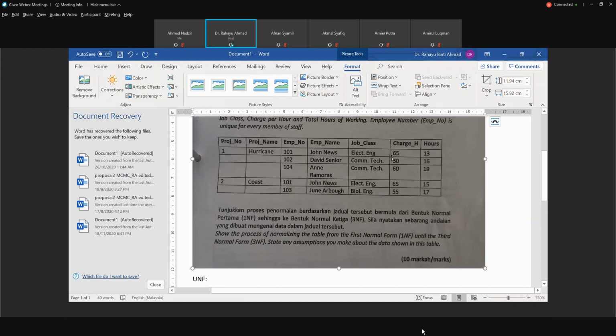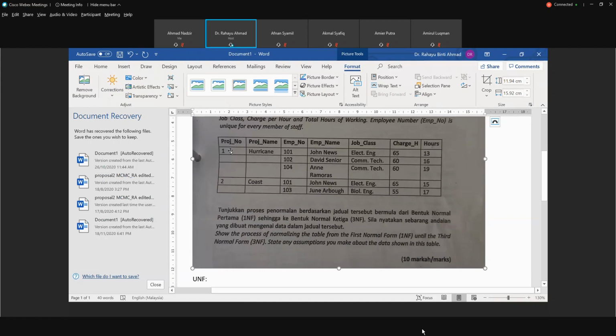Okay? So, charge per hour, do you need both information? So you see project 1, employee number you know 101. Does these two determine the charge per hour? No, Tan say no because why? In another project, the charge is still the same.